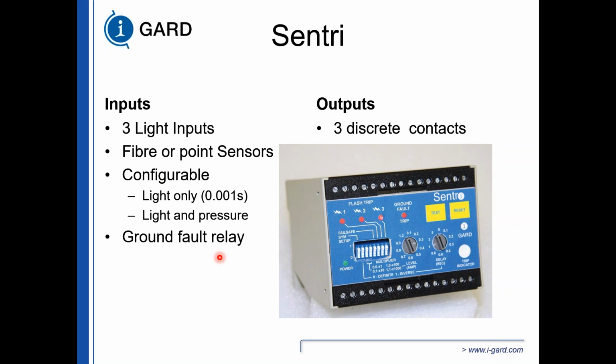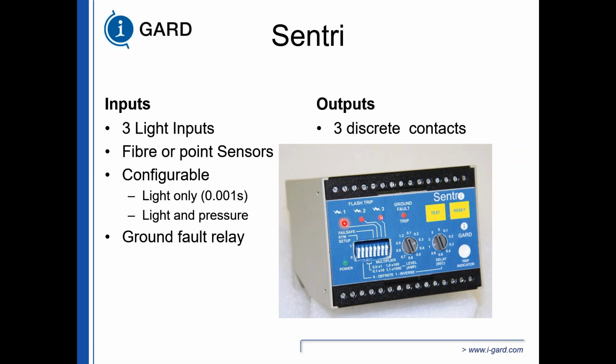We've had one customer that used this to monitor the line side of the main breaker with one arc flash relay, and monitor the main bus with the other arc flash relay. The difference being that if you have a fault on the main bus, you can open up the main breaker, but if you have a fault on the line side, then you can open up the upstream breaker.